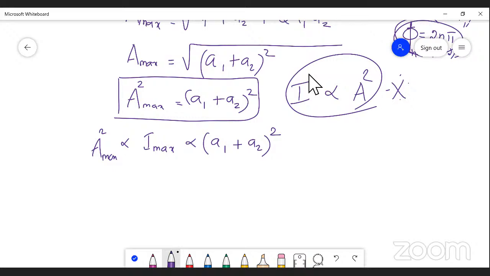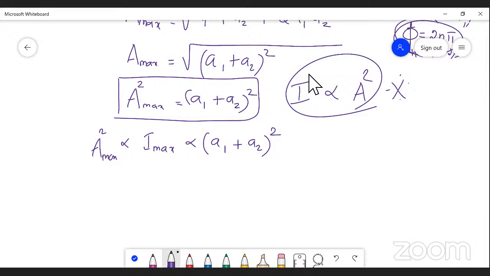The intensity of light at the point P, the combination of two coherent sources meeting at point P: the resultant amplitude A maximum is the square root of A1 plus A2 whole square, so A square maximum is A1 plus A2 whole square. The intensity is directly proportional to the square of the amplitude, so I maximum is directly proportional to A square maximum, which is A1 plus A2 whole square.